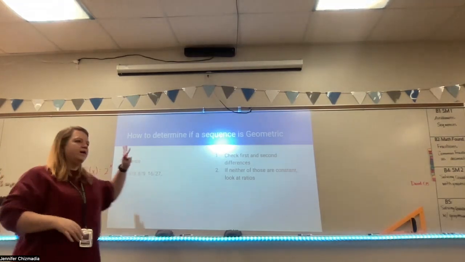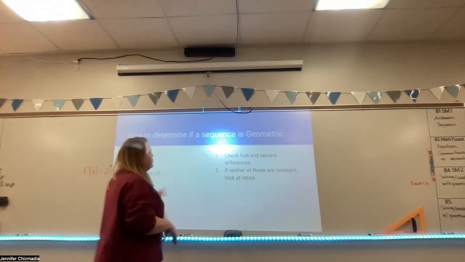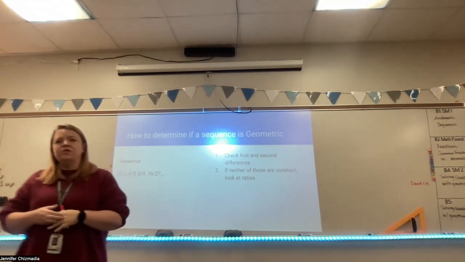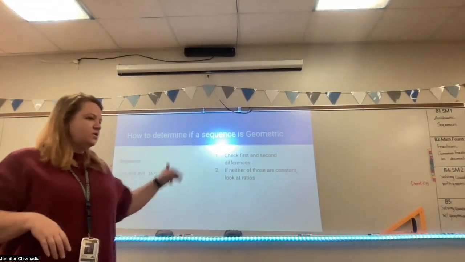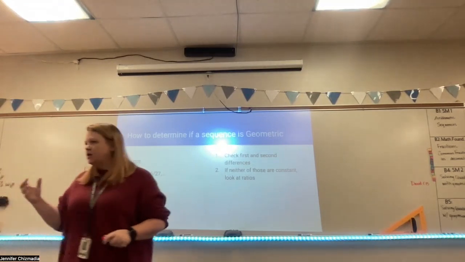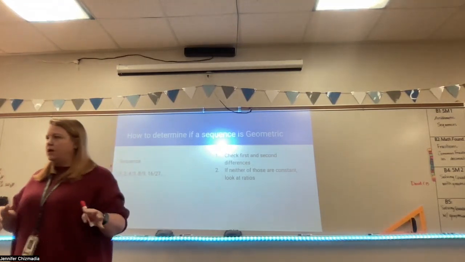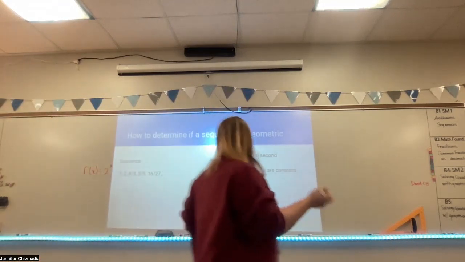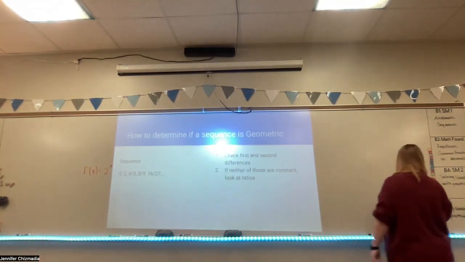We're going to rule out if it's a quadratic. And then if neither one of those is true, we're going to start looking to see if it's geometric, just because finding the geometric ratio is a little more complicated than finding the first and second difference.